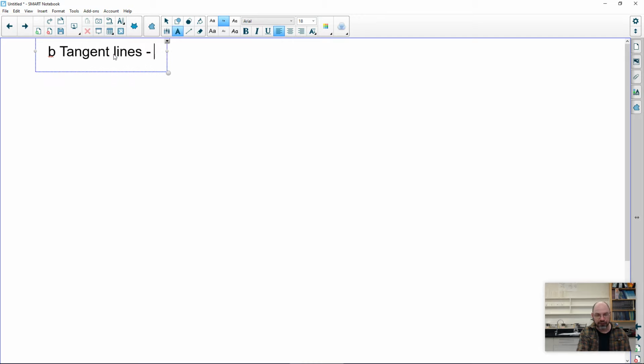They intersect the curve at one point. If we do that one, it looks something like this.